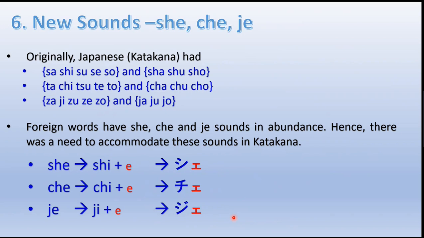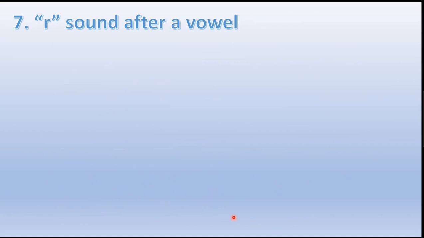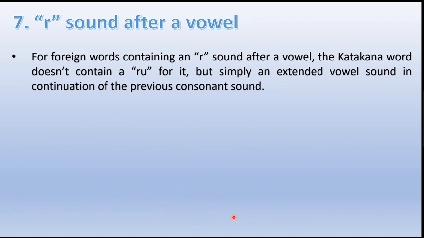So before that, lessons 13 and 14 will take you through all these rules that we need to keep in mind for forming words in katakana. The next rule is R sound after a vowel. So this is very, very important. For foreign words containing an R sound after a vowel, the katakana word doesn't contain a ru for it.